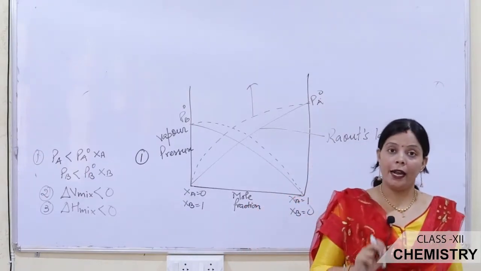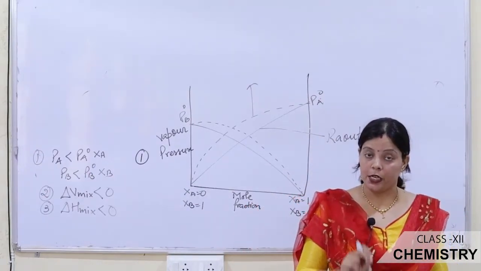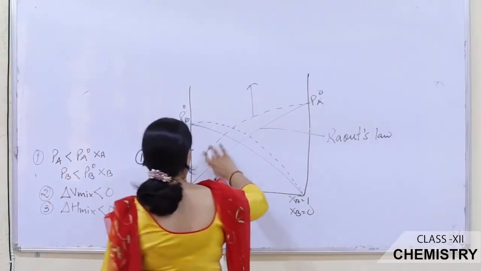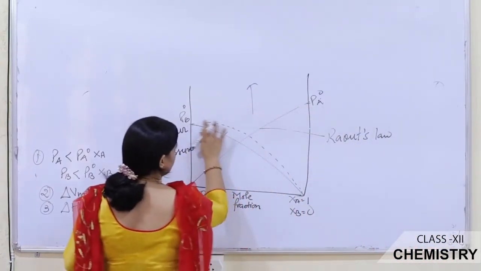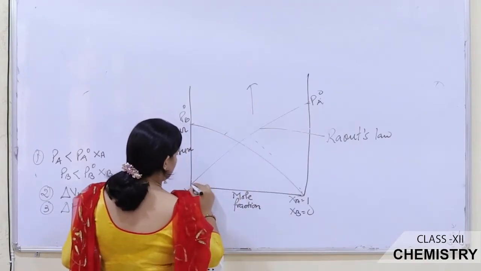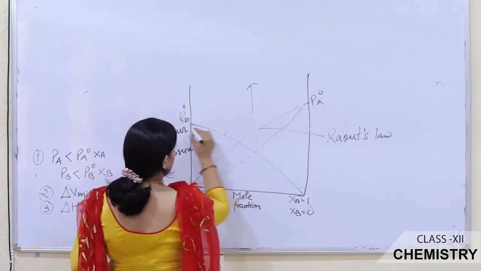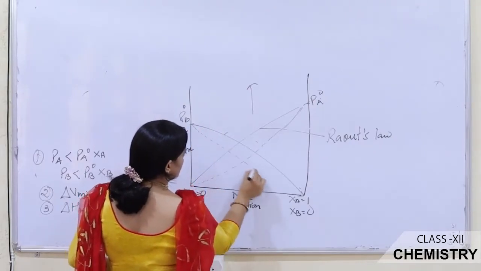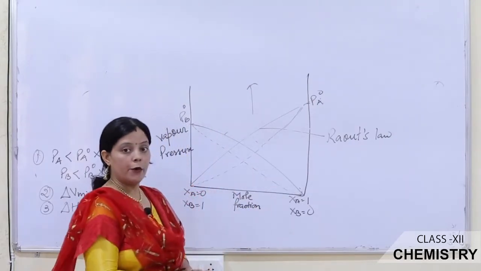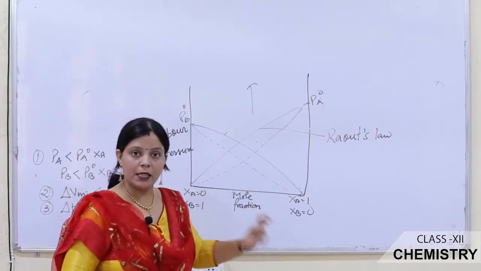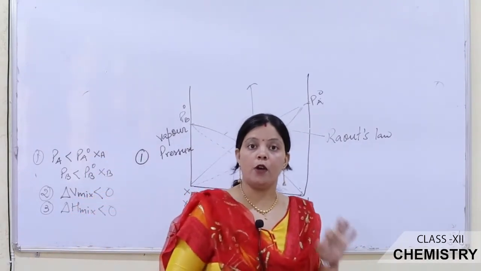Similarly, for the non-ideal solution showing negative deviation, the line is obtained like this. This line is down. This is the non-ideal solution showing negative deviation. The vapor pressure is lower than that expected from Raoult's law.